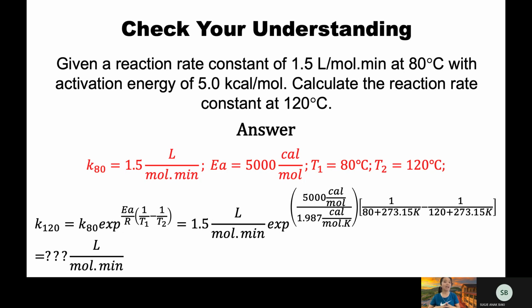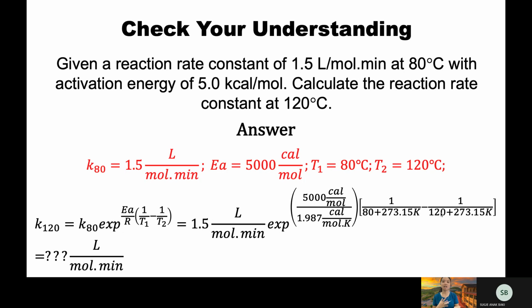Okay, so multiply, divide by R in bracket 1 per T1. Okay, 1 per original temperature, but again because my R value's unit of temperature is Kelvin, I have to convert my temperature from Celsius to Kelvin. That's why it becomes 80 plus 273.15. So 1 per T1 minus 1 per T2.